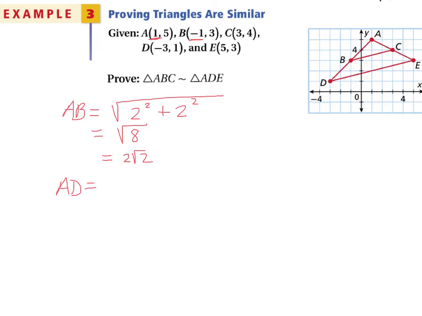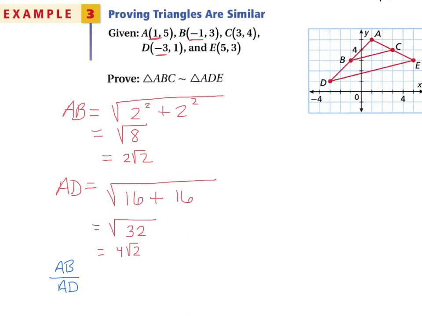If I find the length of AD, if I subtract my x values here, that's 1 minus -3, so that's 4 squared, that's 16, plus 5 minus 1, which is 4 squared, which is also 16. That gives me 32, which then gives me 4 root 2. Now, the similarity ratio, the length of AB divided by AD, gives me 2 root 2 divided by 4 root 2, which gives me a ratio of 1/2.